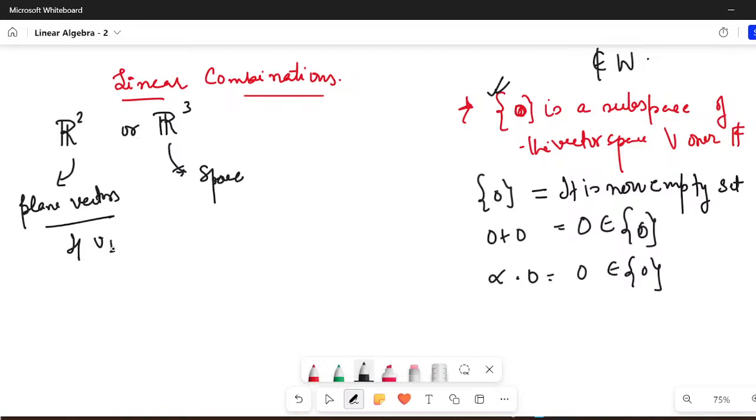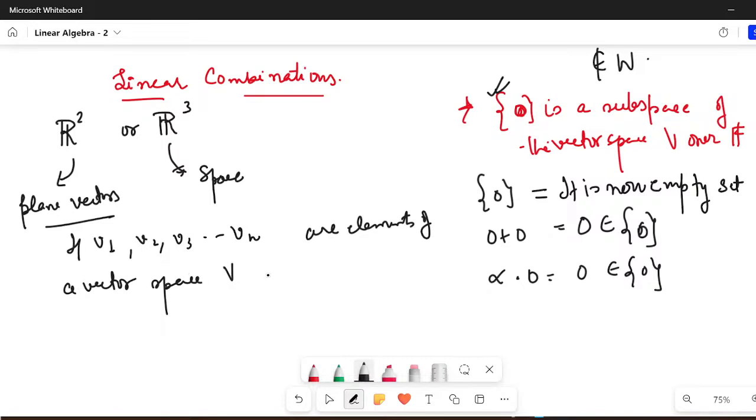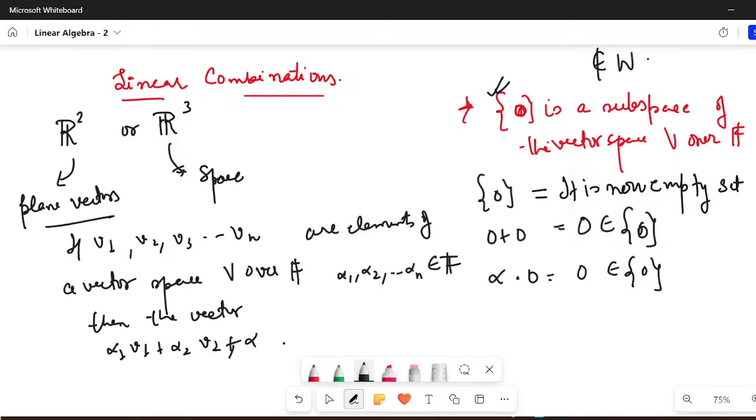Let's say v1, v2, v3, up to vn are elements of a vector space V over F, and alpha 1, alpha 2, up to alpha n belong to the field F. Then the vector alpha 1 v1 plus alpha 2 v2 plus alpha 3 v3 and so on up to alpha n vn is called the linear combination.